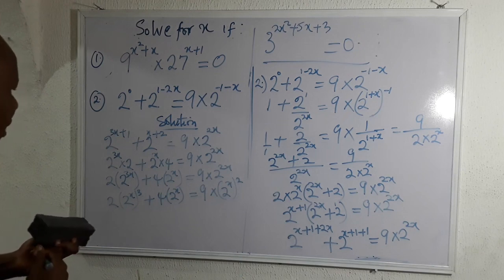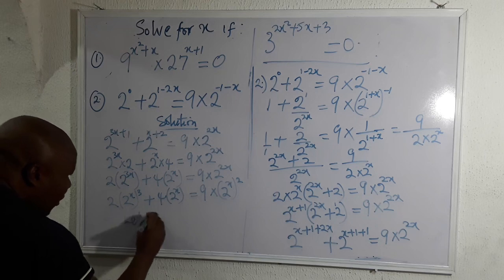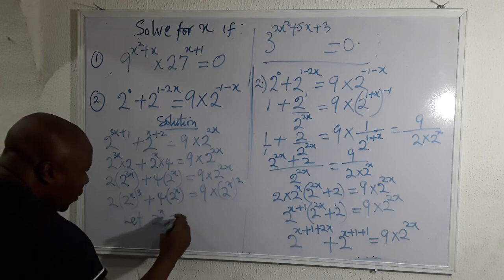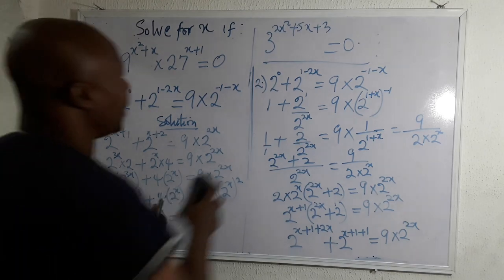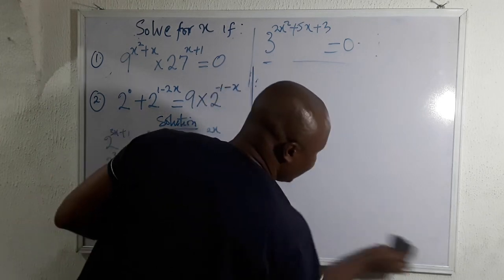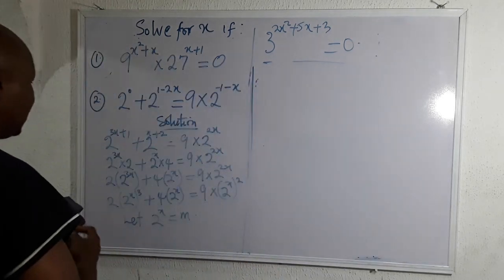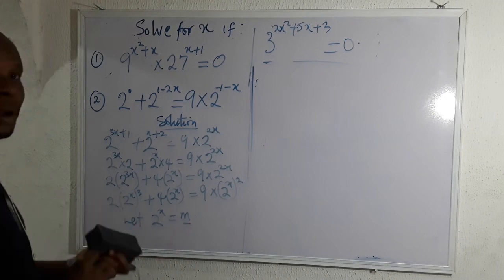Then what we do next is let 2 raised to the power x be equal to a letter, say m. Solving further, we substitute m in place of 2 raised to the power x.